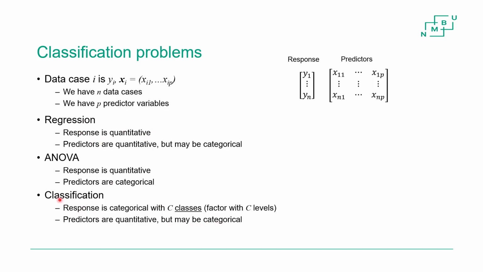So classification is similar to regression in the sense that the X matrix, the data over here, are of the same type more or less. The only difference is that the response now changes from being quantitative to categorical. And this happens in quite a lot of cases. In many studies, the response that we measure is not a numerical variable, but simply categories.